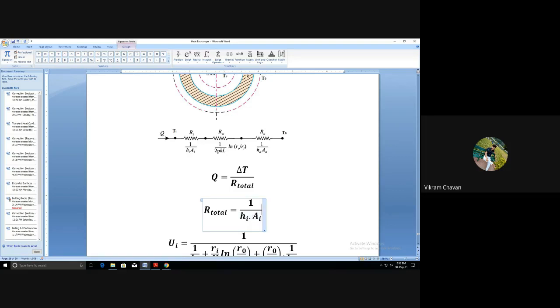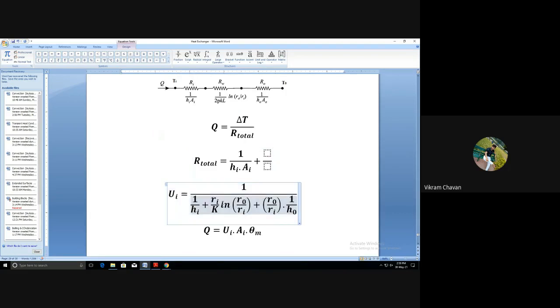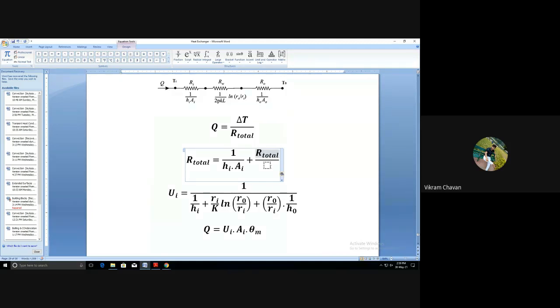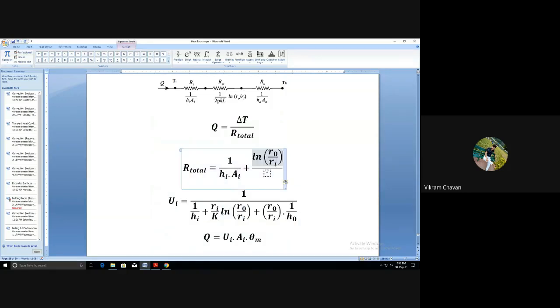Okay, and plus ln of r naught divided by ri divided by 2 pi kl.